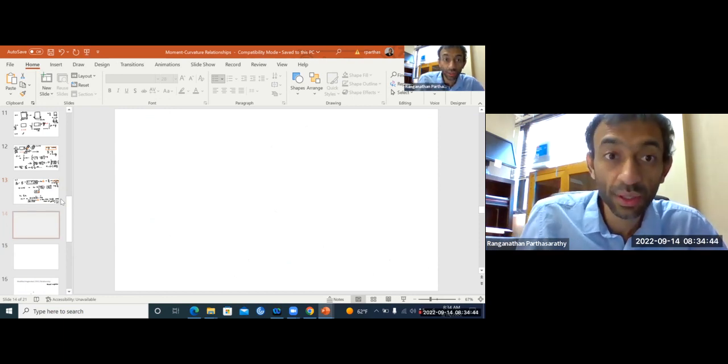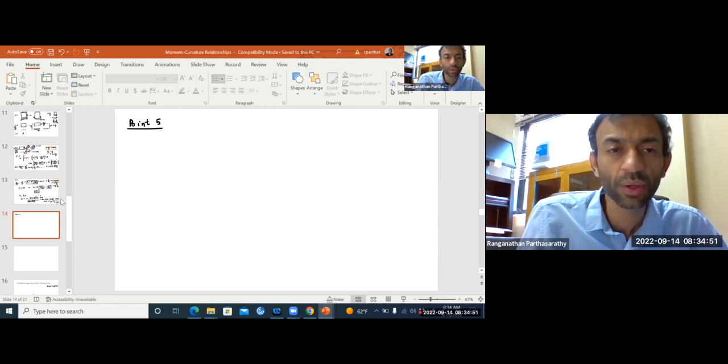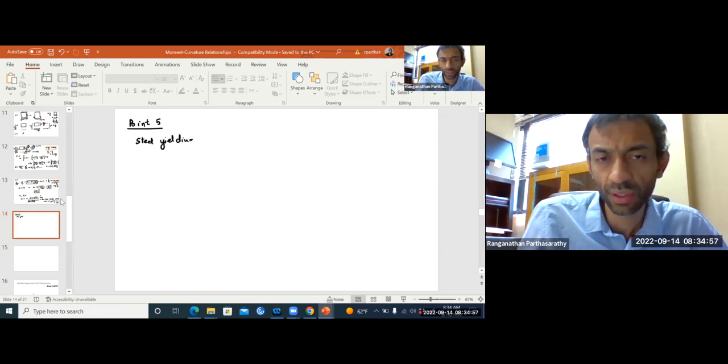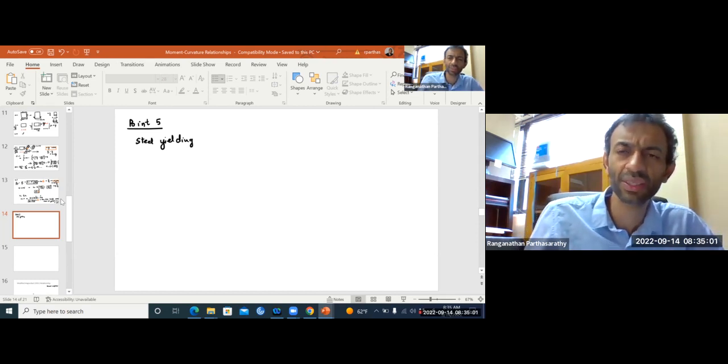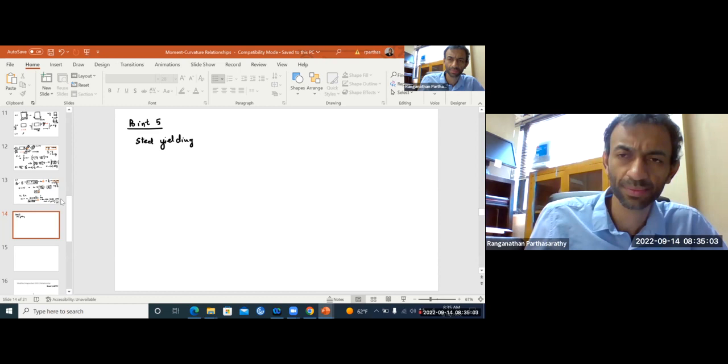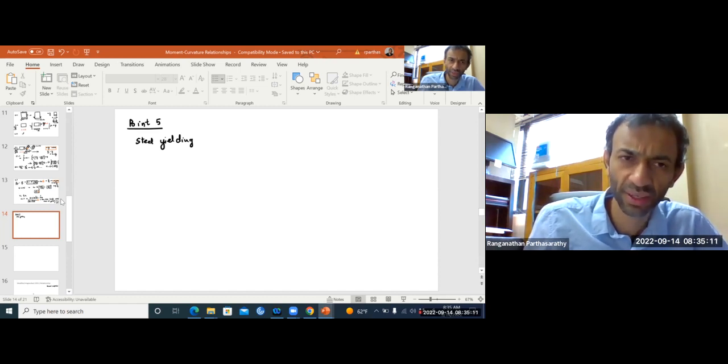This is steel yield. When the steel yields, has the concrete been crushed? No, because it is under reinforced, right? We only design under reinforced beams.